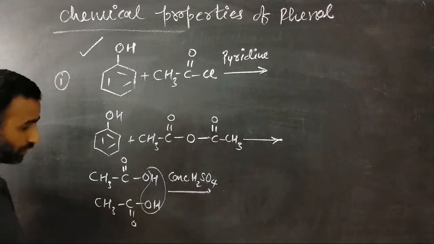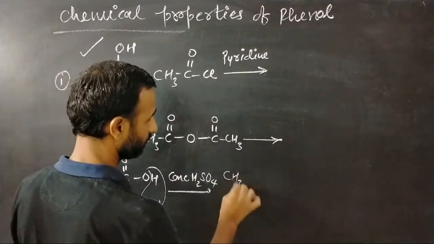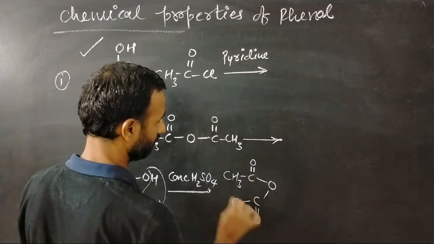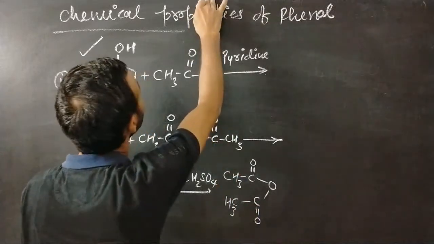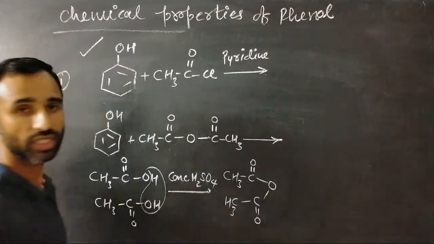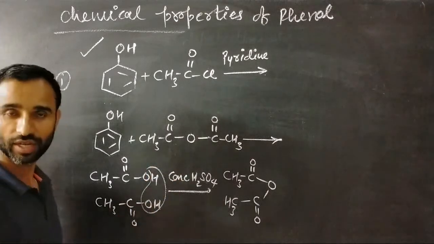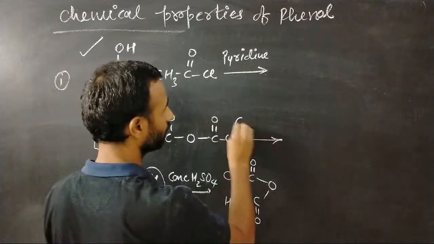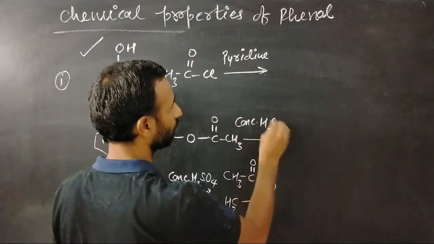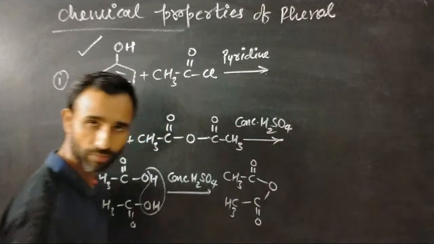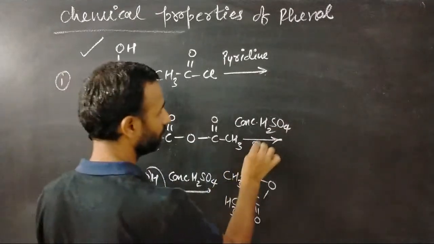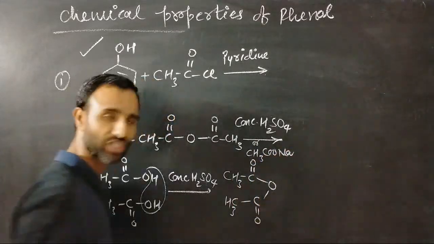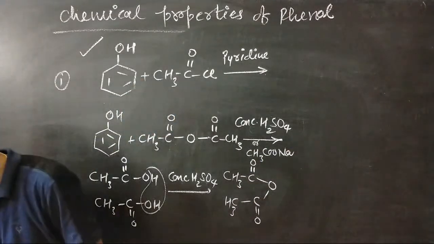So water is removed and we get acetic anhydride, ethanoic anhydride, right? So it is taking place in the presence of concentrated H2SO4 or even sodium acetate. So what is the product formed?